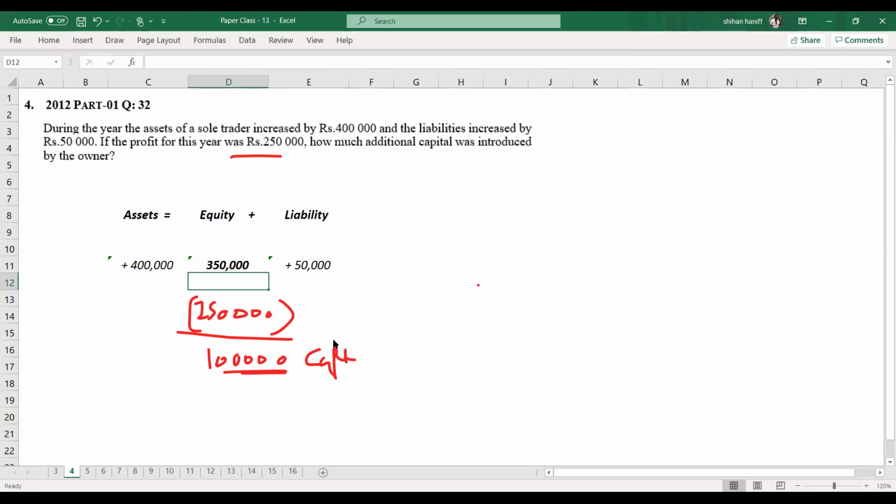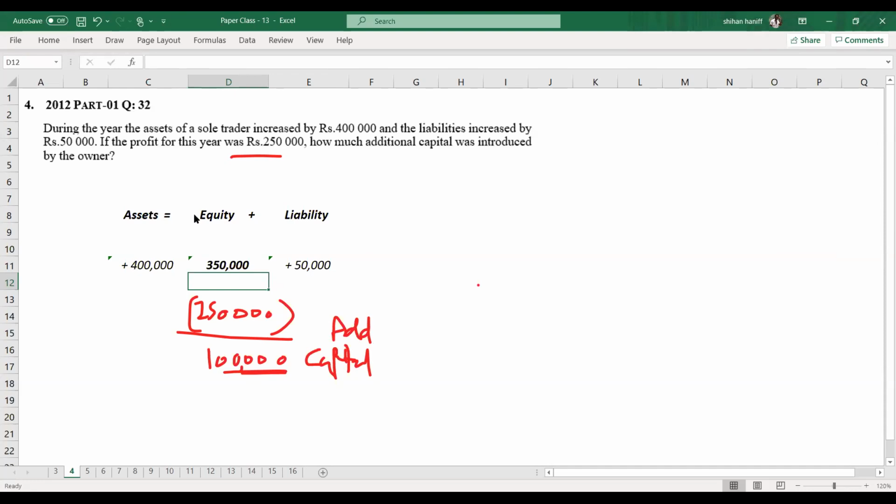So we can say additional capital is 100,000. Additional capital is 100,000. Right? If assets increase by 400, liabilities by 50, the difference is the equity.